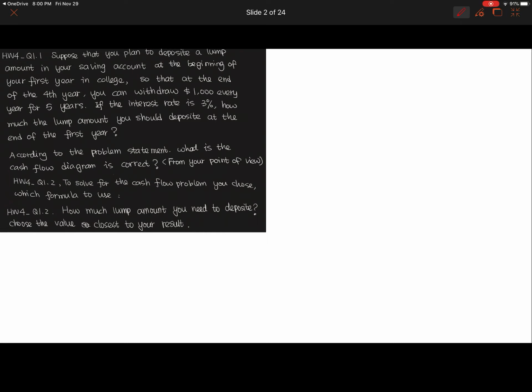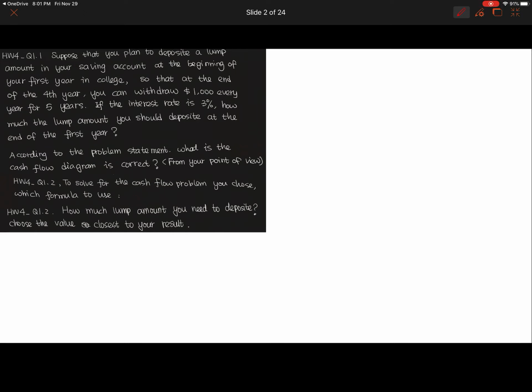So homework number 4, the first question is, suppose that you plan to deposit a lump sum amount in your saving account at the beginning of your first year in college. So at the present time, you want to save some amount of money so that at the end of the 4th year, you can withdraw 1,000 every year for 5 years.